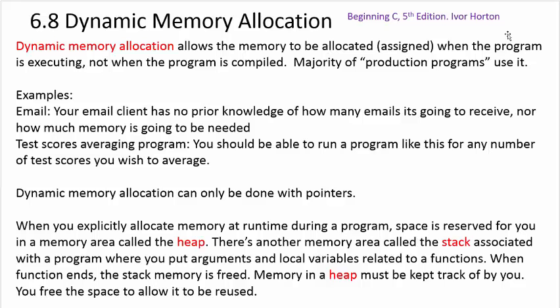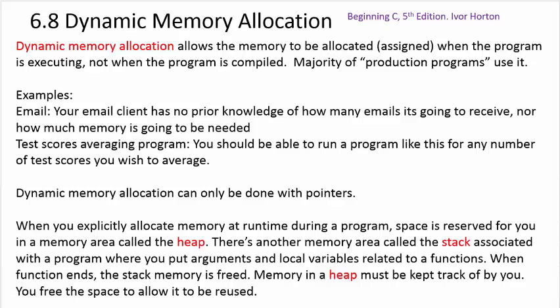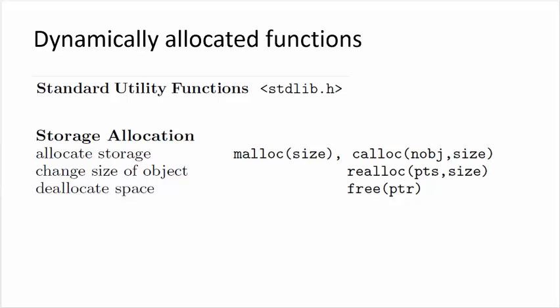But when you use dynamic memory allocation and you're using memory in a heap, you have to keep track of it yourself, and you have to allocate the memory and then free the space when you're done with it. You can get in trouble with your memory if you don't have good housekeeping with your memory. So that's a little background information in case you run into these terms elsewhere in your programming career.